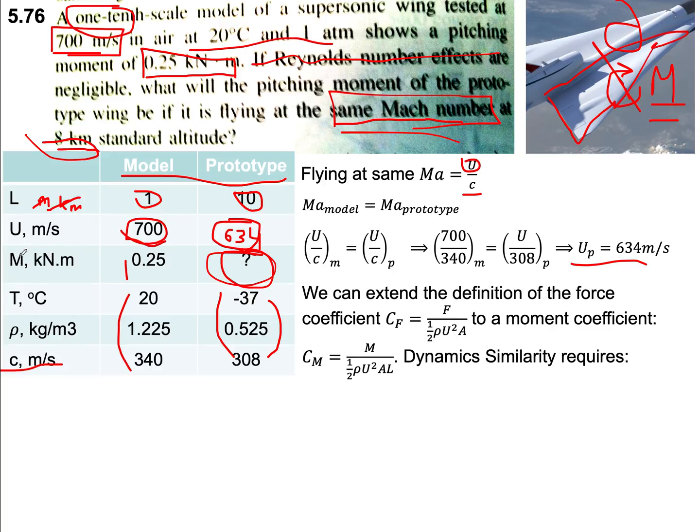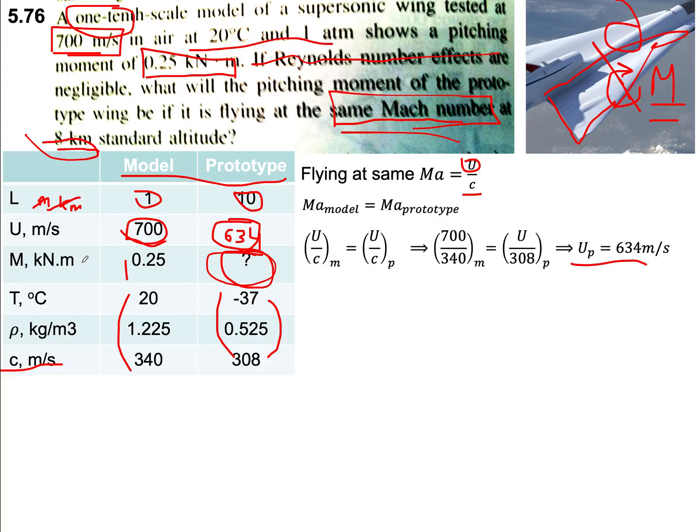The pitching moment has units of kilonewton meter. But if I were to tell you the drag coefficient instead, where the drag force on the test model is 0.25 kilonewton, we know that in supersonic flow we can expect the drag coefficient to be a function of Mach number for us to have dynamic similarity.